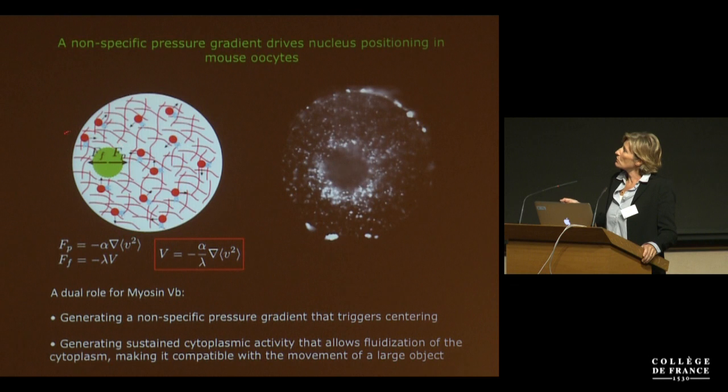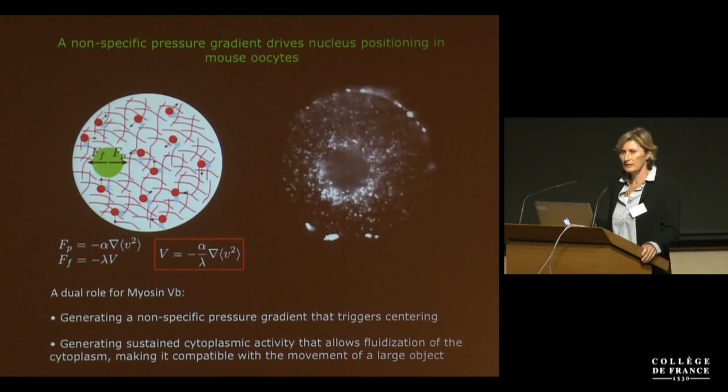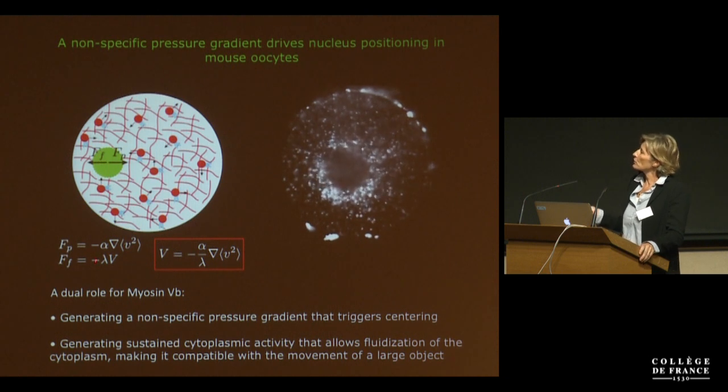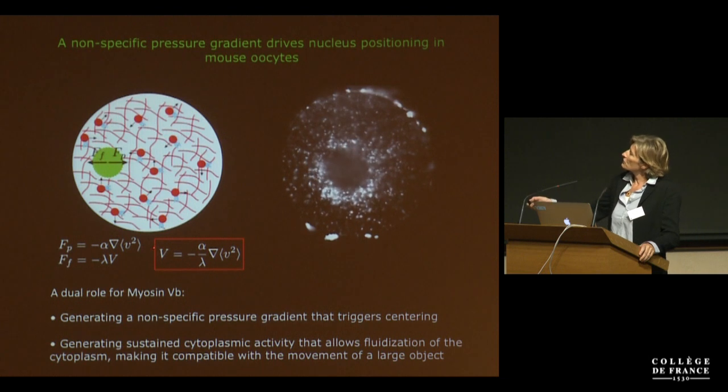But the nucleus is also subjected to a counteracting force, a friction force, that is due to the viscosity of the cytoplasm, which is in the opposite direction and is proportional to the viscosity of the cytoplasm, such that the velocity of the nucleus is proportional to the pressure gradient of the actin-positive vesicles, but inversely proportional to the viscosity of the cytoplasm.